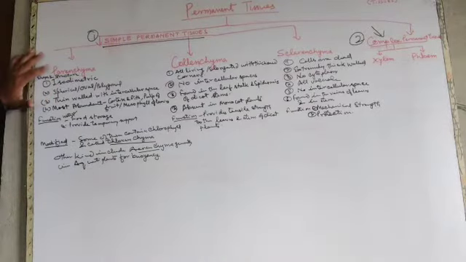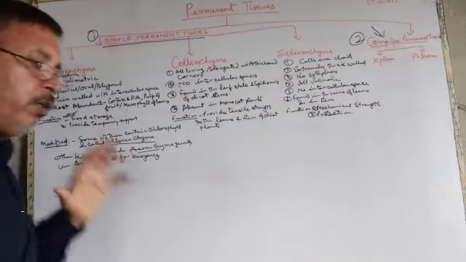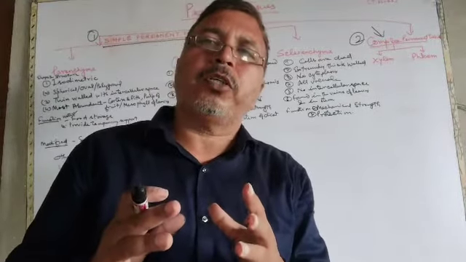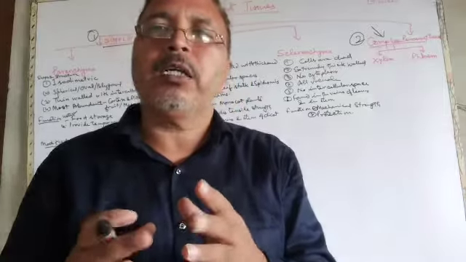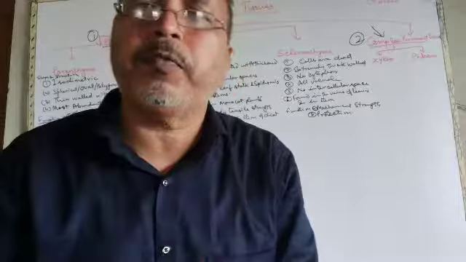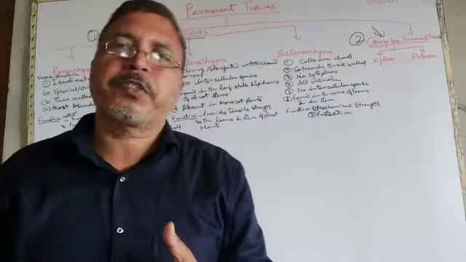Parenchyma cells, immediately after their meristematic nature, take shape. You can say they are a little bit developed, a little bit grown up.